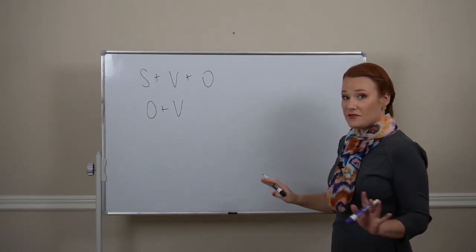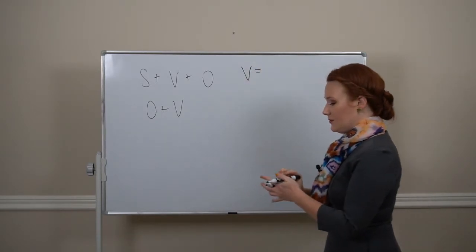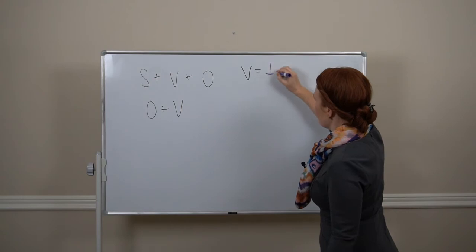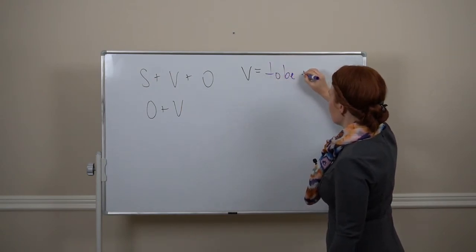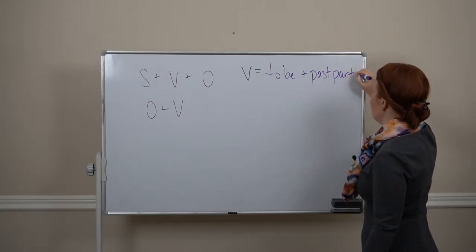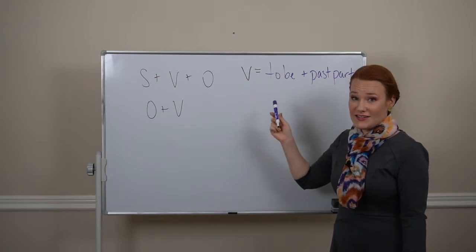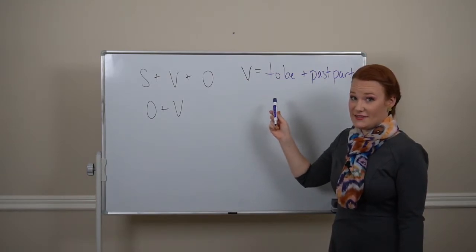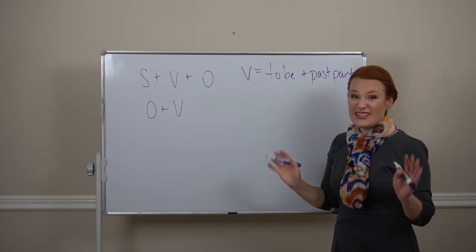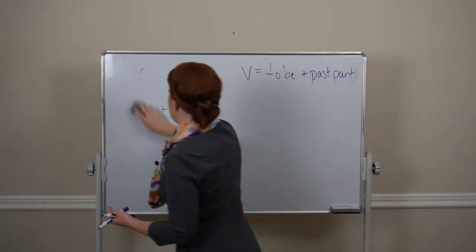So for every tense, the verb is going to be to be plus the past participle. But to be has to be conjugated to each tense. So this is pretty simple with past and present simple. We'll start there.